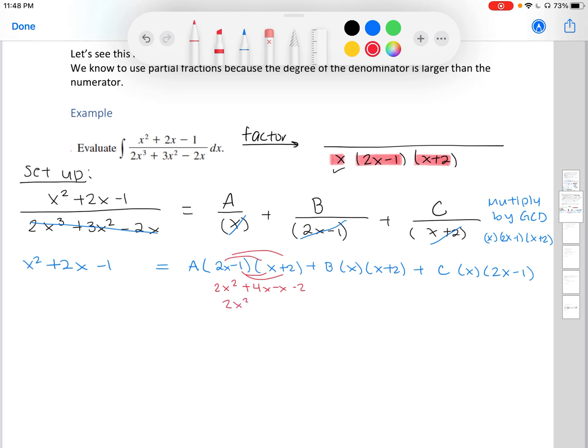We have 2x squared plus 3x minus 2. Multiply the A, and we're left with A times 2x squared plus A times 3x minus 2A.